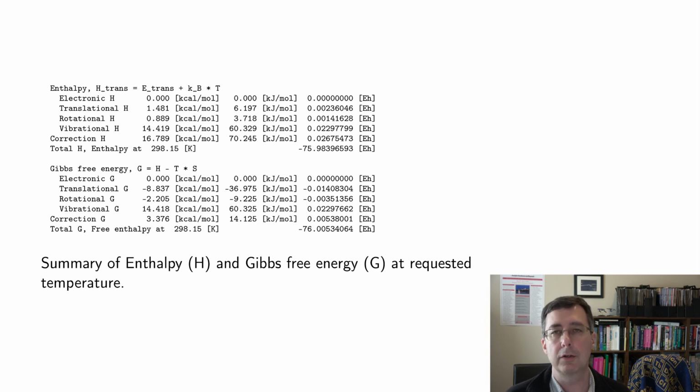And that Gibbs free energy will be an absolute Gibbs free energy, not a Gibbs free energy of formation, like you might see if you look up delta GF in a table. Same thing goes for enthalpy. So one has to be really, really careful grabbing these numbers out of outputs of quantum chemistry programs, which don't normally explain all this in the output. The user has to just be aware of what's going on.